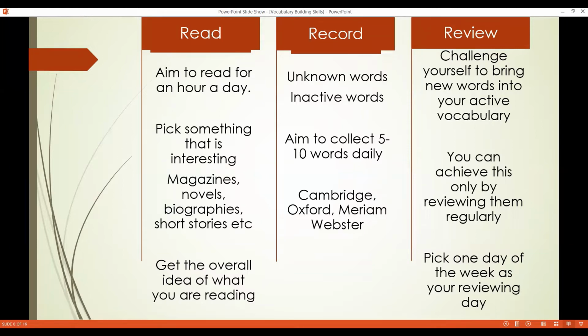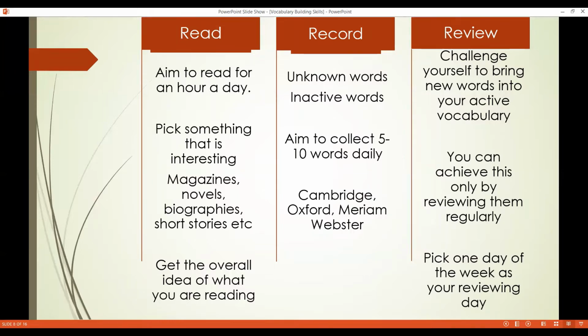If you aim to read for an hour a day, you will feel a certain change in your own vocabulary, in the usage of words in your daily life, not only at a professional level, but when you're talking to your peers as well. Pick something that is interesting, a text that is of your interest.